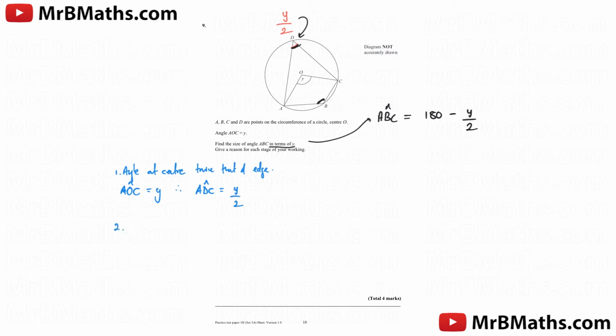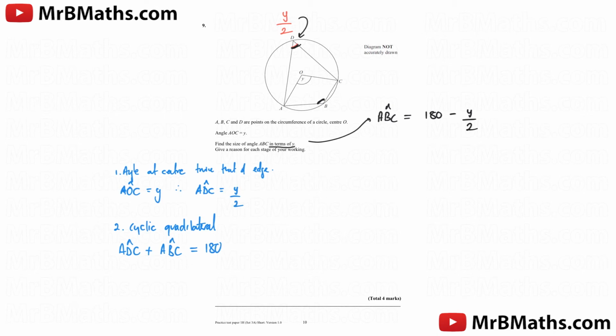Now with our second point, we have cyclic quadrilateral, and therefore angle ADC plus ABC equals 180.